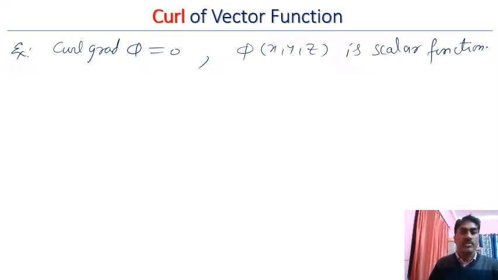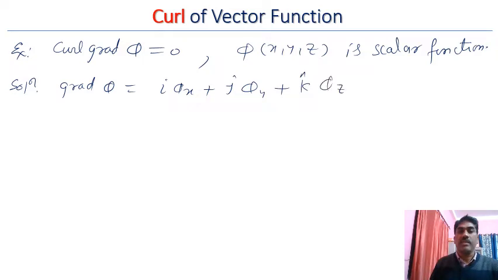So first we know what is grad phi. Grad phi is i phi_x plus j phi_y plus k phi_z, and phi_x means del phi by del x, phi_y means del phi by del y, phi_z means del phi by del z. So what is curl of grad phi?